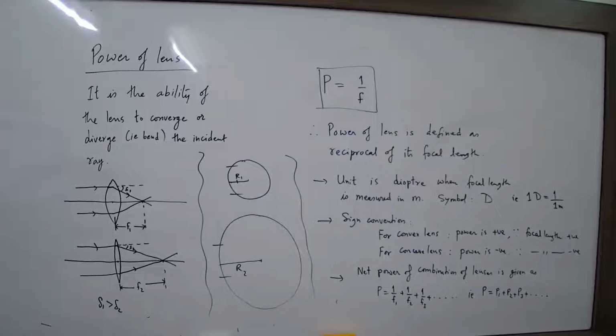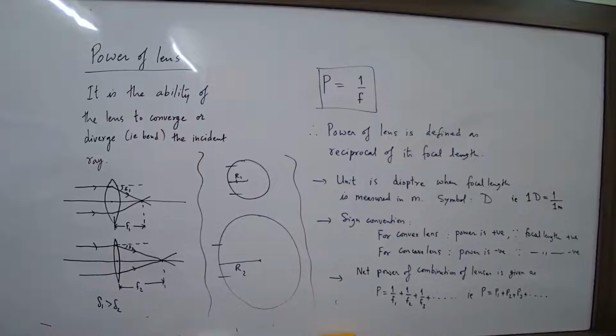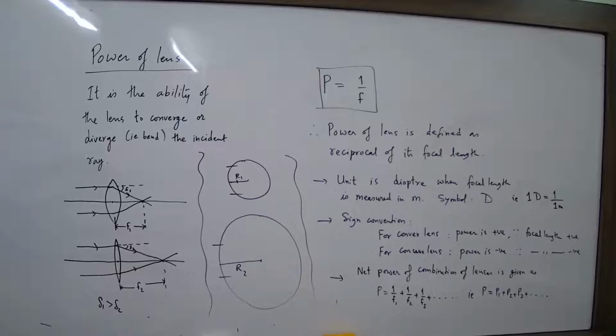Thicker lens. Which lens has more power, thicker or thinner? Thicker. Why? Thicker lens, because the radius of curvature is less. The focal length is short.